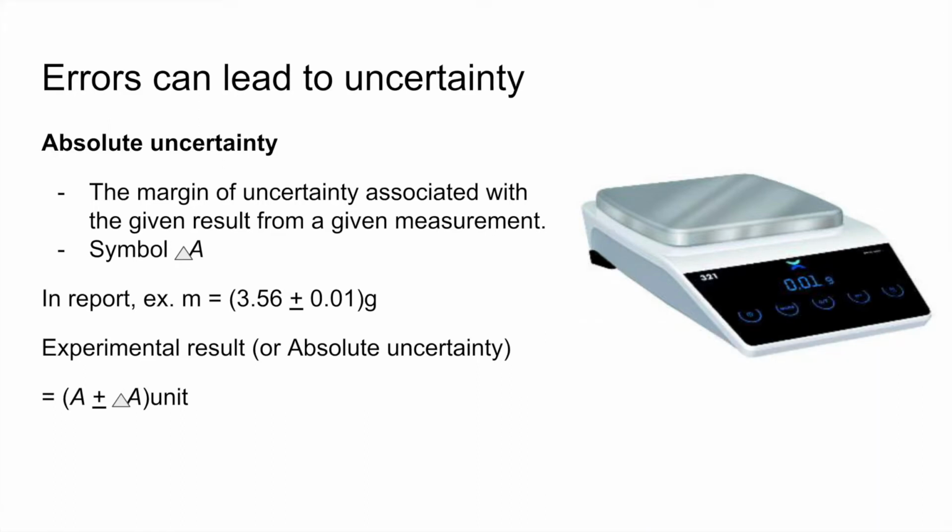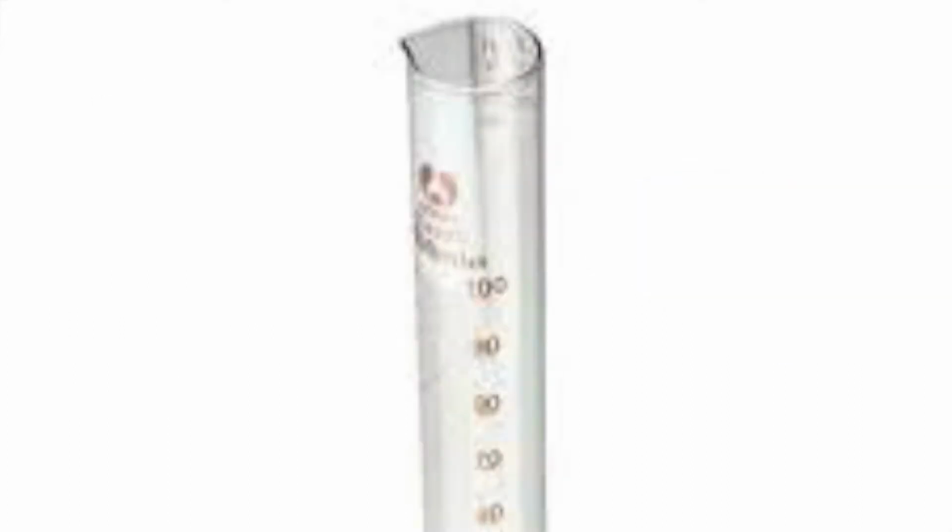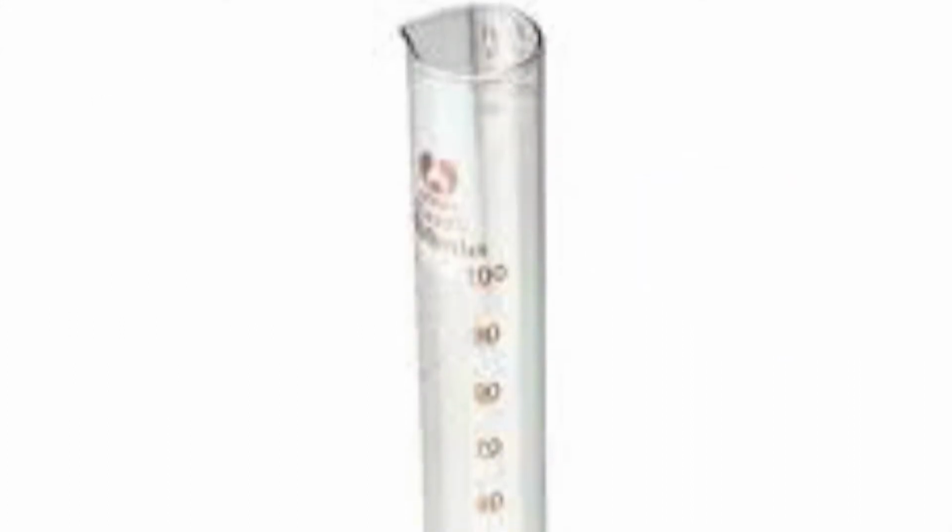When measuring in chemistry, for example, you need 80 ml, so you will choose the 100. The least gradation here is 1. So what is half of 1? 0.5. So I'm going to get 80 plus or minus 0.5.